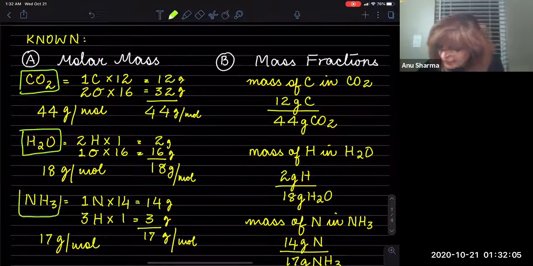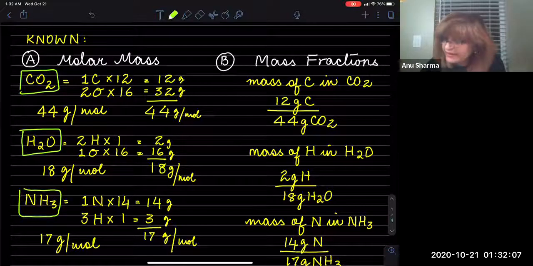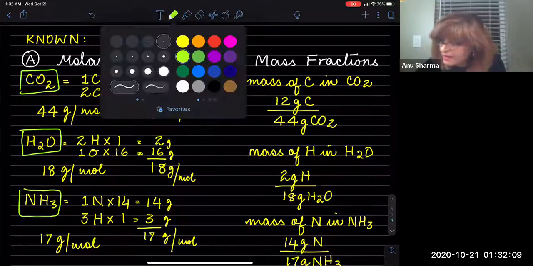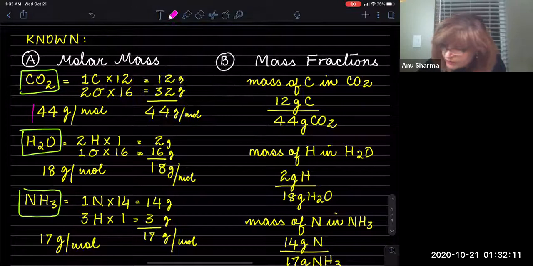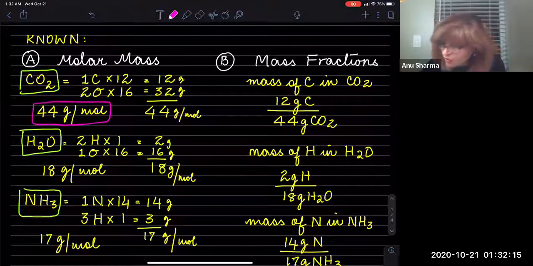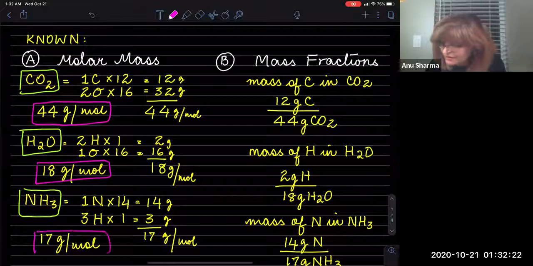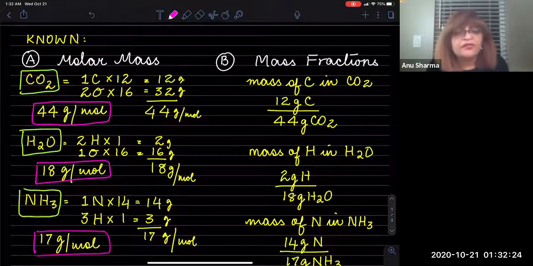So we find that the molar mass of carbon dioxide is 44 grams per mole, the molar mass of water is 18 grams per mole, and the molar mass of ammonia is 17 grams per mole. I'm assuming that you know how to calculate the molar mass, so I'm going to move forward because it's a long video.